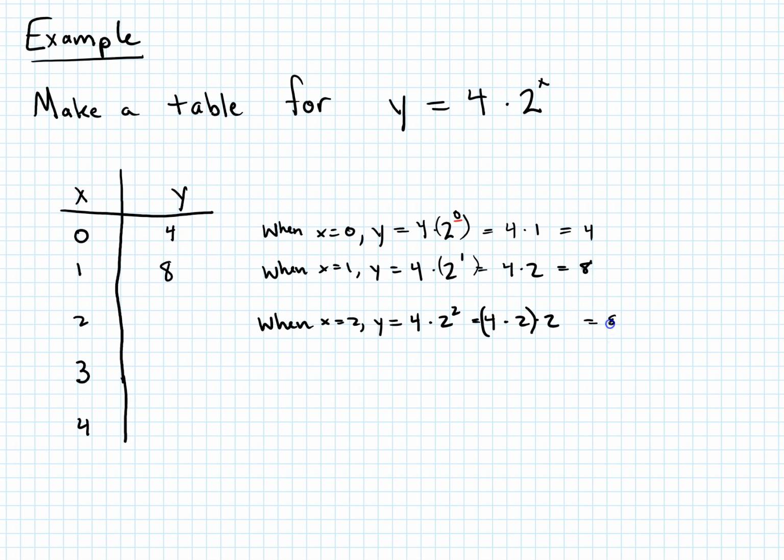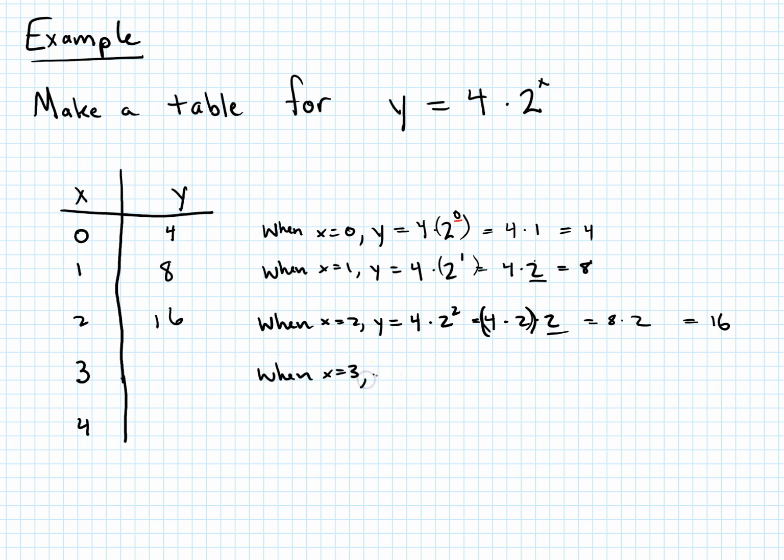That's just 8. And 8 times 2 is 16. So 4 times 2 is 8, and then if we multiply by 2 again, we get 16. So you can see that in each of these terms, we're just adding on a multiplication by 2. And let's see if that pattern continues.